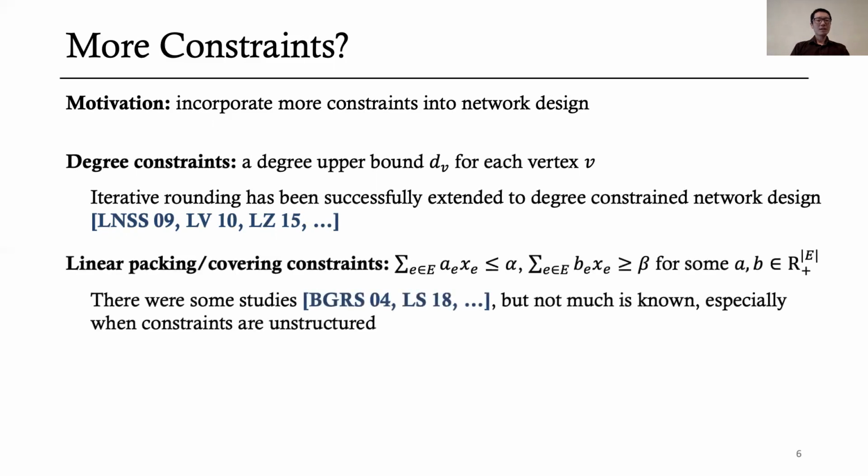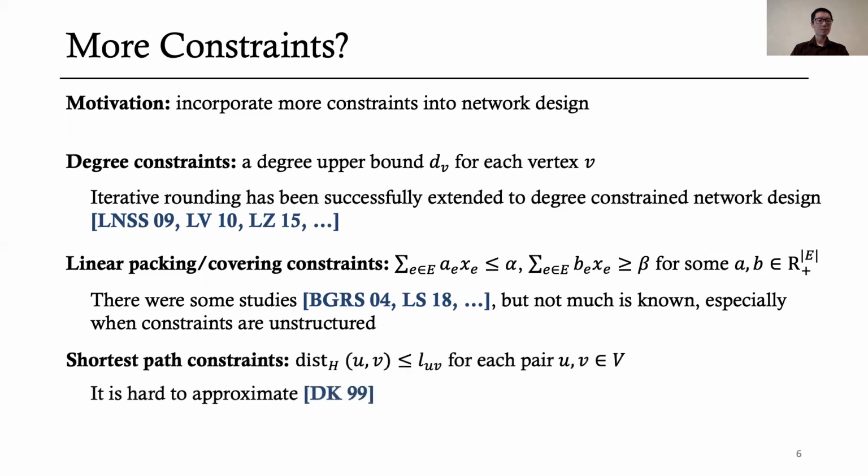More generally, some linear packing and covering constraints have also been studied, but not much is known, in particular when there is no underlying structure behind the constraints. It is also natural to consider shortest path constraints, where unfortunately it is hard to approximate.